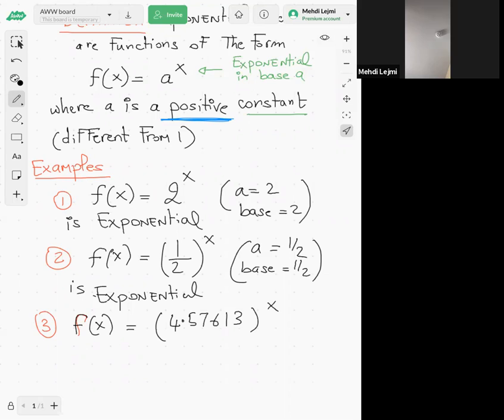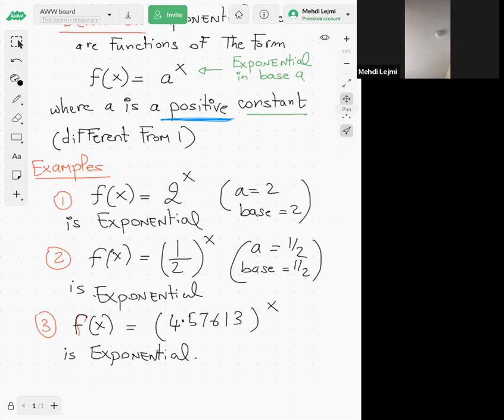So a would be this 4.57, etc. So again, you have to keep in mind, you have this a to the power x, and your constant a is a positive real number. It could be a whole number, a fraction, or a decimal.